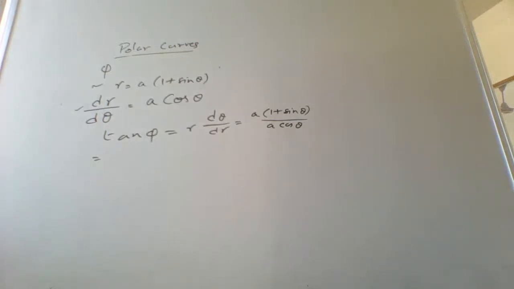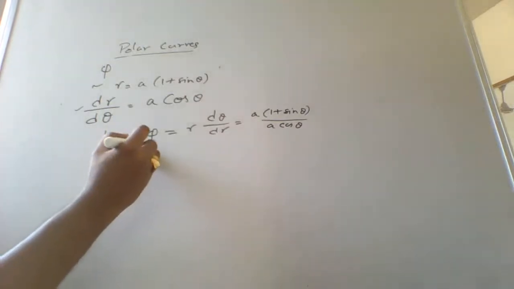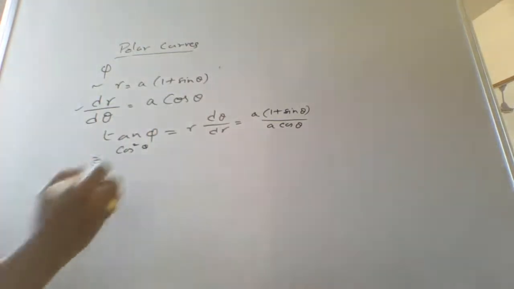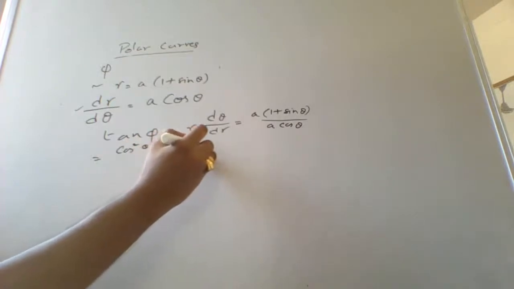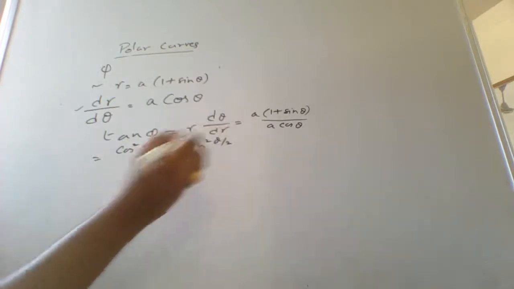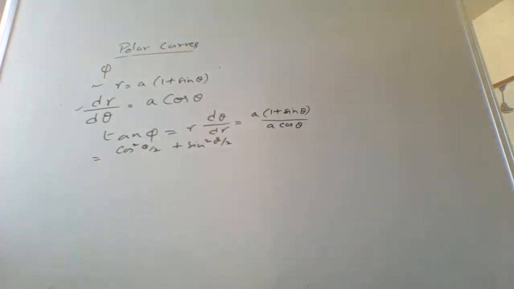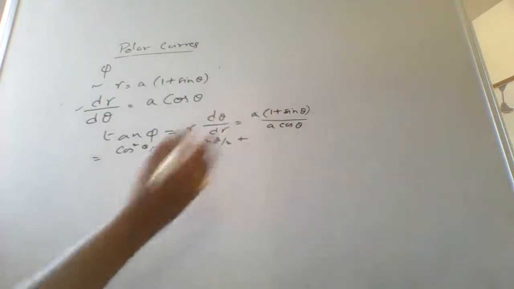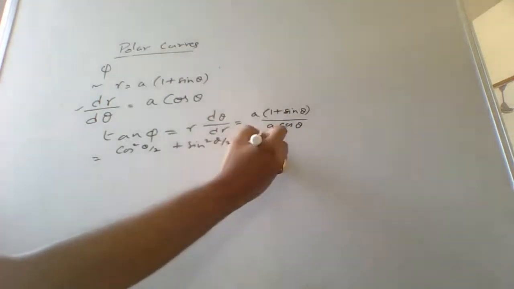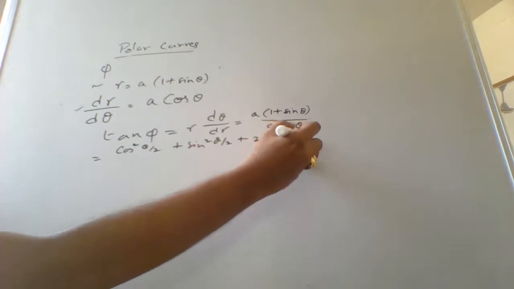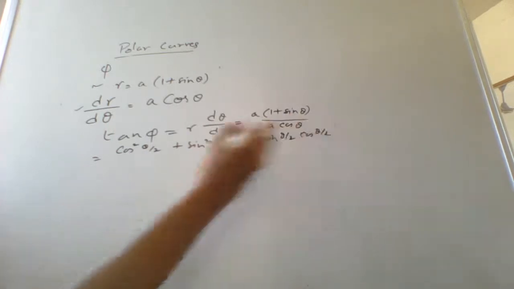So 1 can be written as cos square theta by 2 plus sine square theta by 2, and sine theta can be written as 2 sine theta by 2 cos theta by 2.